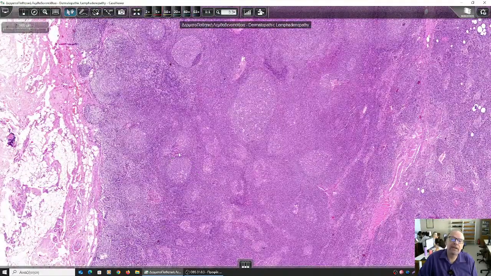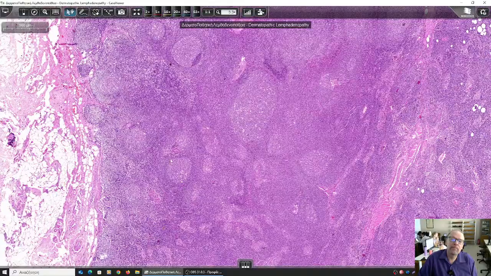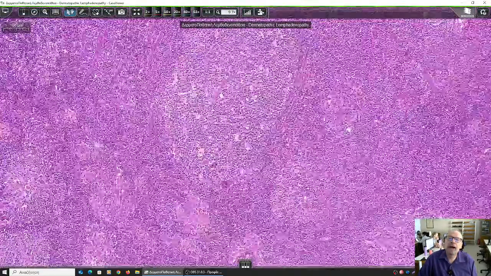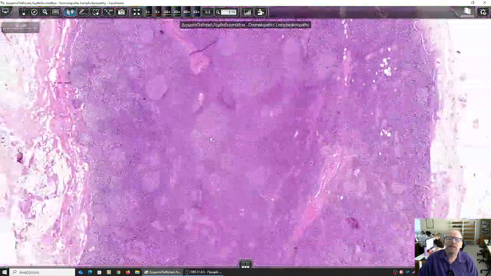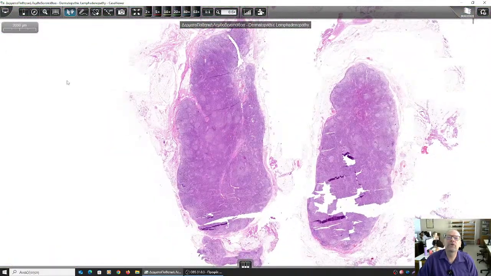I can see the mantle zone easily after the blast center. And I want you to keep in mind that in the activated secondary lymphoid follicles, there is a heterogeneity in the morphology of the activated B cells. They are not monotonous in appearance. Have this in mind. So this is the slide of a reactive lymphadenopathy.